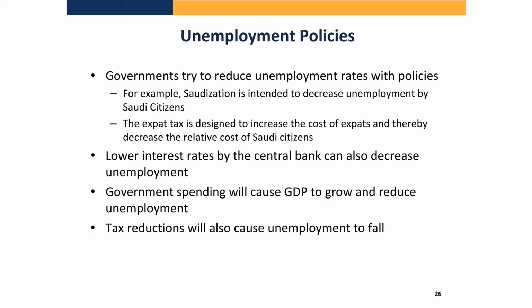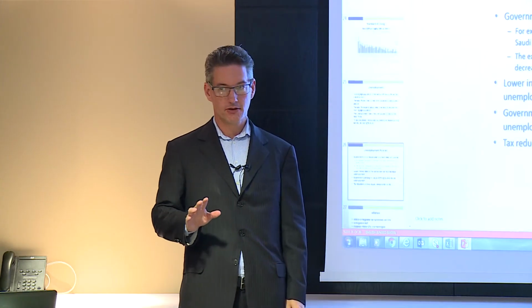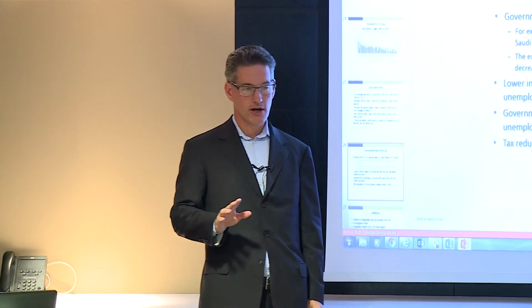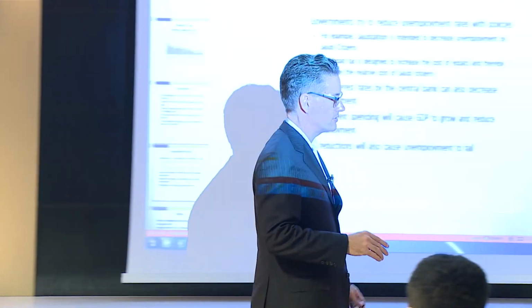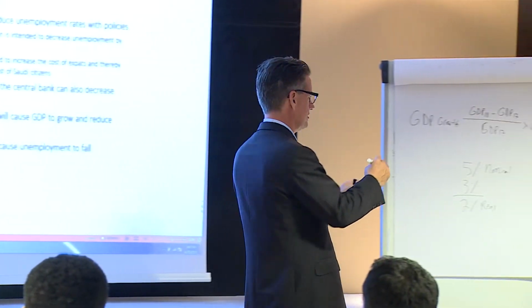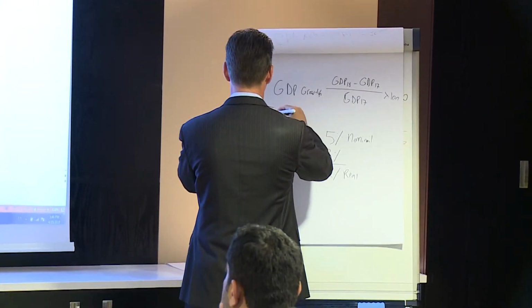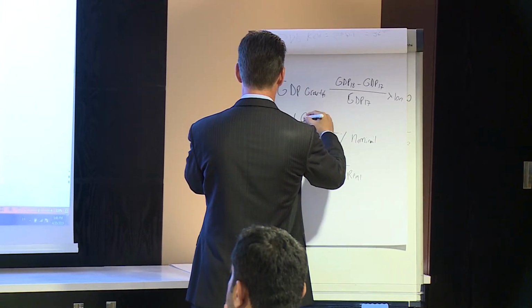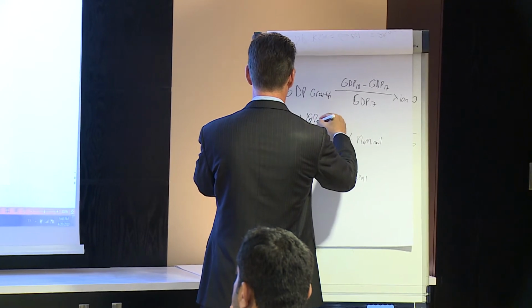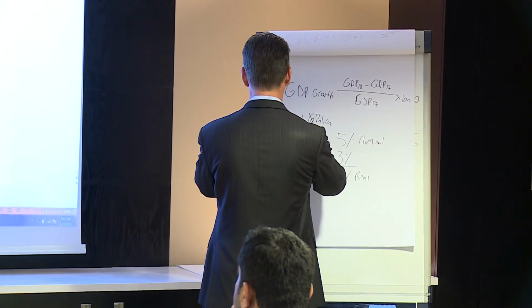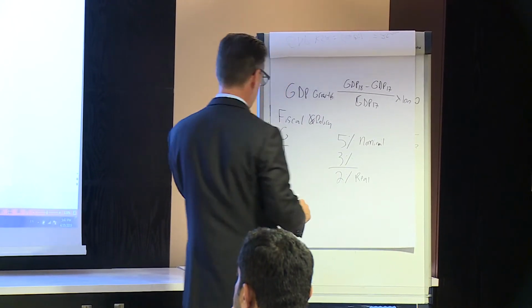So unemployment policies here. This gets back to the fiscal policy and the monetary policy we were talking about before. If unemployment is high, what can the government do in terms of fiscal policy to try to reduce unemployment? Remember, fiscal policy, we can change G or we can change T. G is government spending, T is taxes.